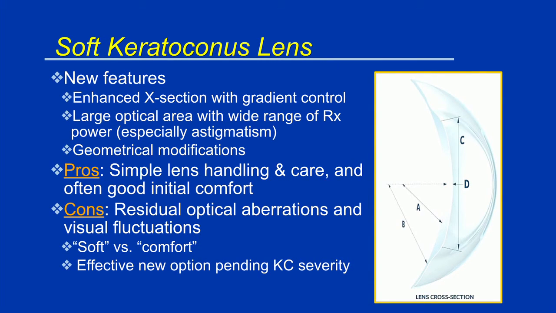However, in the last 3-4 years, we have custom keratoconus lenses made in a soft lens material, and sometimes they come quite close to the level of vision people are able to get compared to the gold standard of gas permeable lenses.